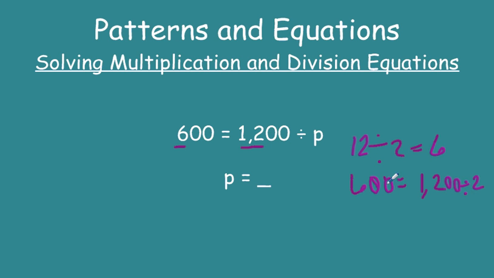So I have 2 zeros on this side, and I have 2 zeros on this side. So right now my divisor does not have any zeros. My divisor will just simply be 2. So p equals 2. So 1,200 divided by 2 equals 600. So that's how it works. Try solving several other problems.